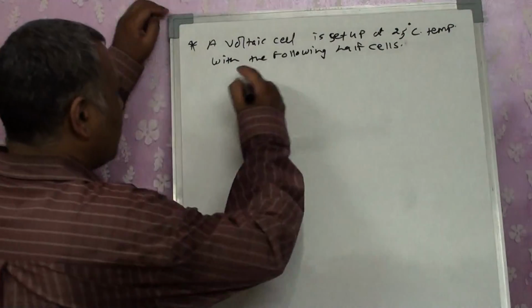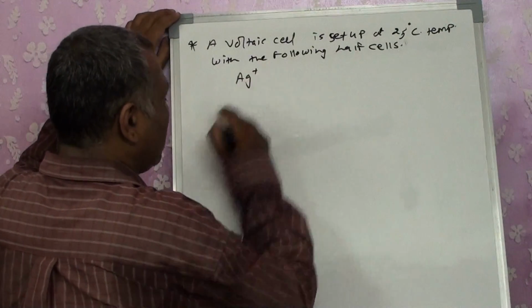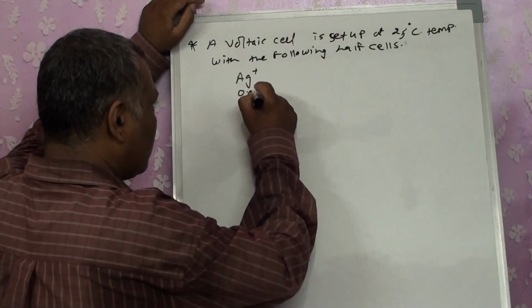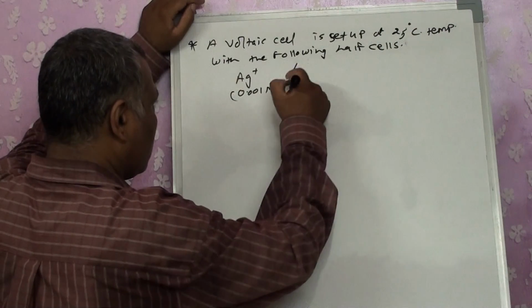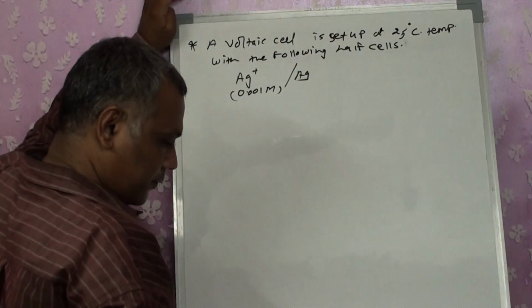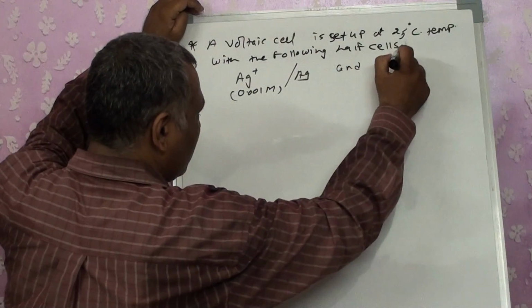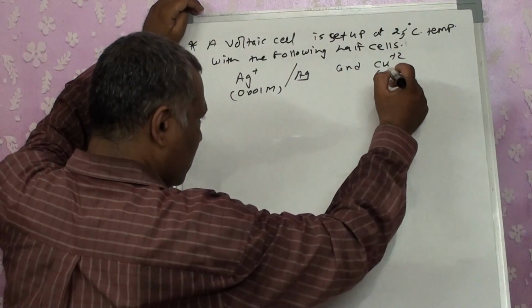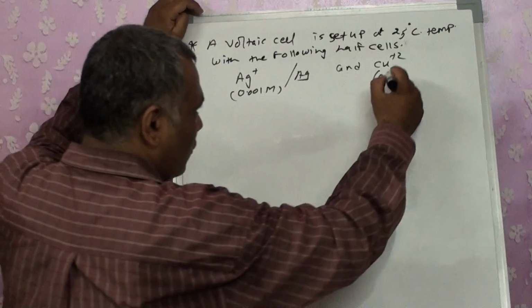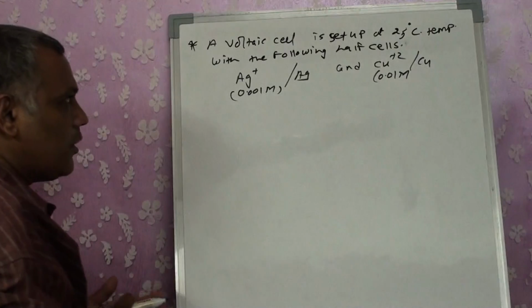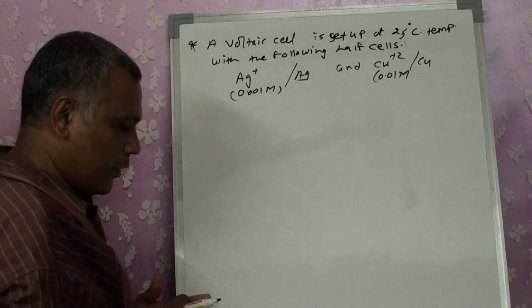The cell reaction is given to us: Ag plus, that is 0.001 molar, Ag, and Cu plus 2, that is 0.01 molar, Cu. These were the two half cells that were being used.